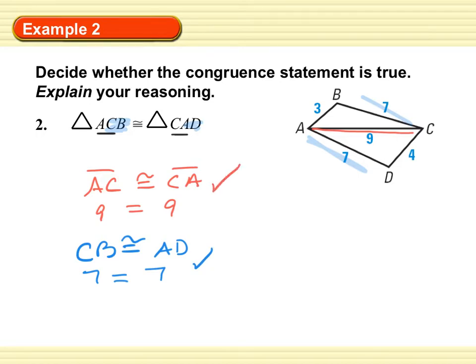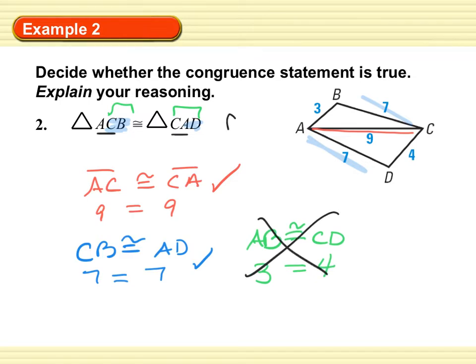But now when I try the first and the last, AB, and see if it matches with CD, AB is 3, CD is 4. These are not congruent sides, so this statement is false. In order to prove them congruent, all 3 sides would have needed to match up and be congruent.